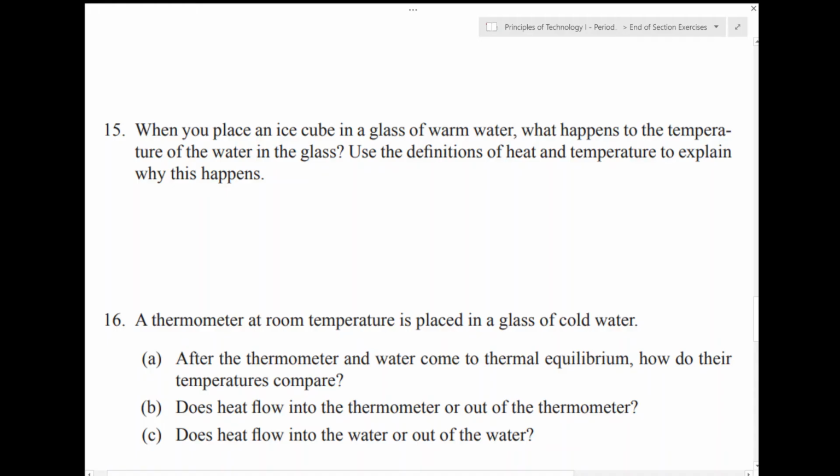Number 15. When you place an ice cube in a glass of warm water, what happens to the temperature of water in the glass? Use the definitions of heat and temperature to explain why this happens. When you place the ice cube in the glass, the ice cube begins to absorb heat from the warm water and starts to melt.